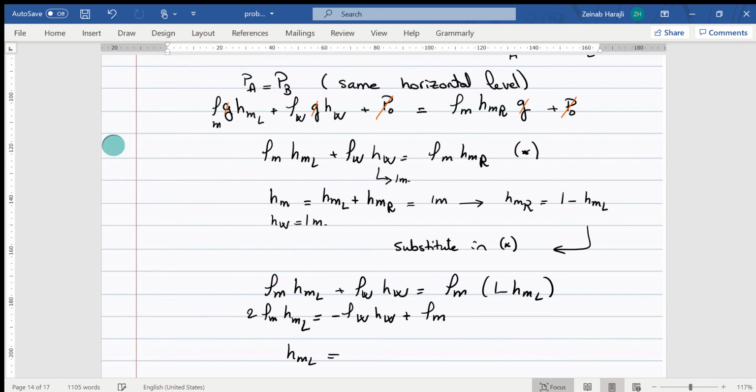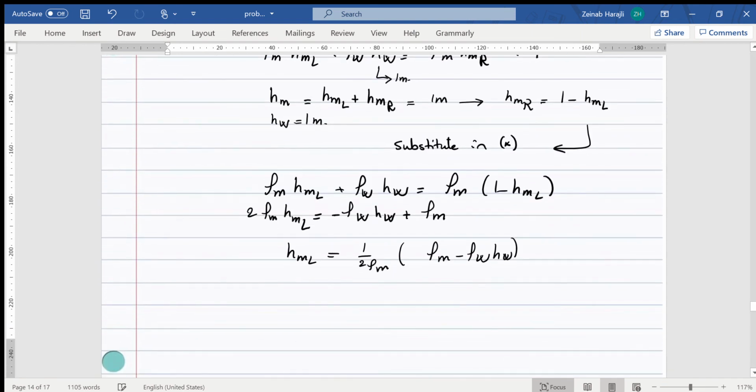So we get 1 over 2 rho of mercury, into rho of mercury minus rho of water, height of water. And we can simplify this into half times 1 minus rho of water over rho of mercury.